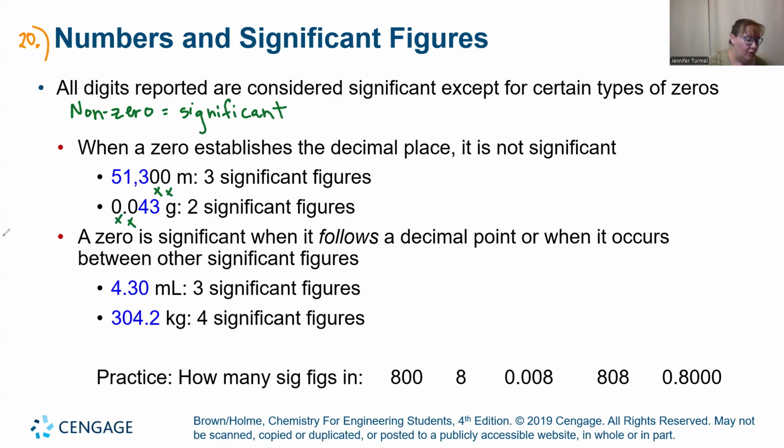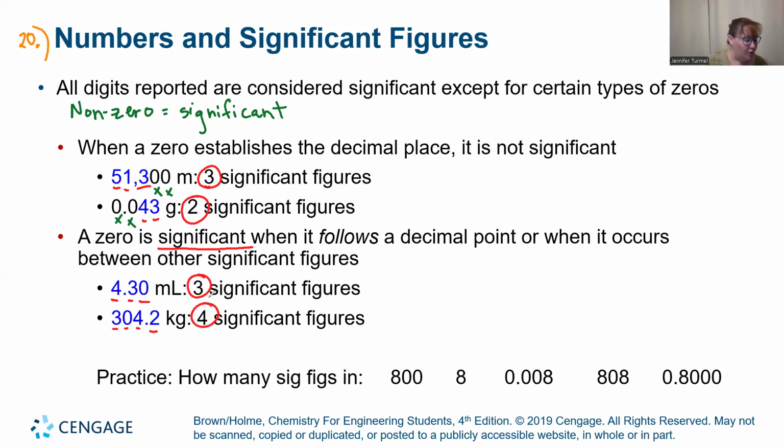So when we're working through this, these three are significant, and these two are significant. Now, when we do have a decimal point, then those zeros are significant. So here you have 3 significant figures, and here you have 4 significant figures.